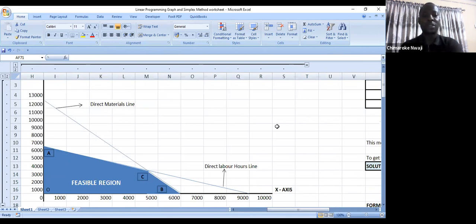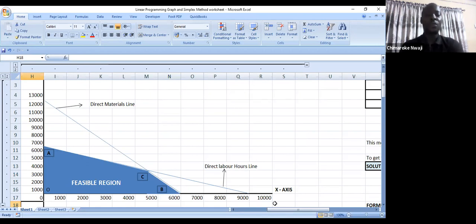Fine. So you see the x-axis and the y-axis being shown here. These are the coordinates and the calibrations from 0, 1,000 to 13,000, and here till 10,000 for the x-axis and y-axis respectively.